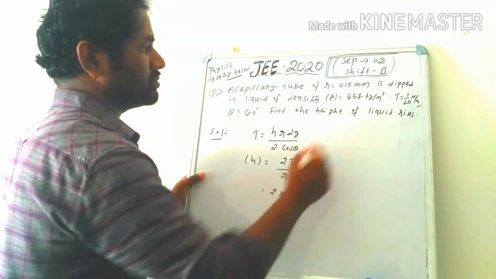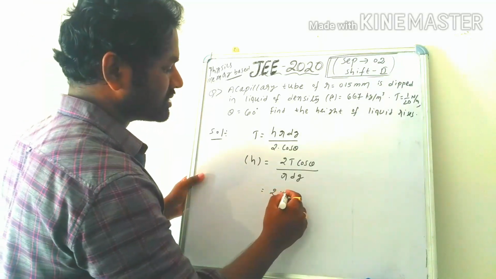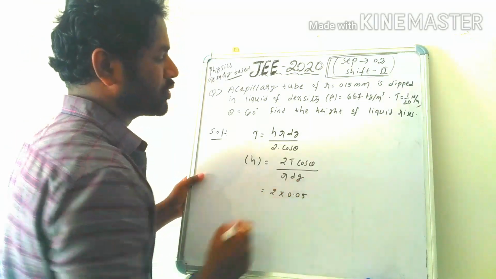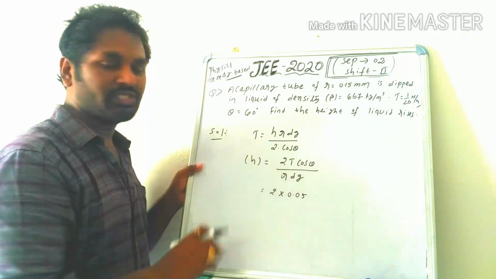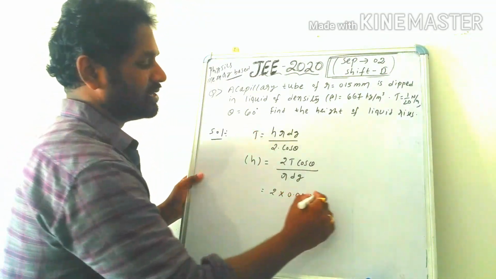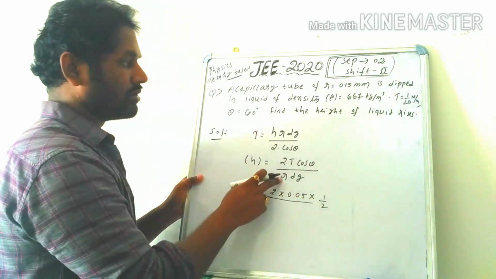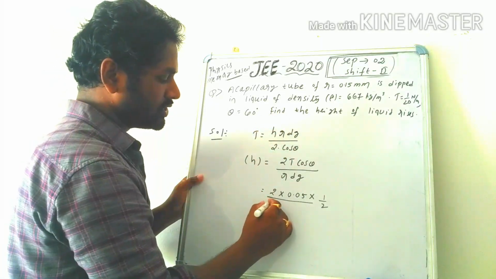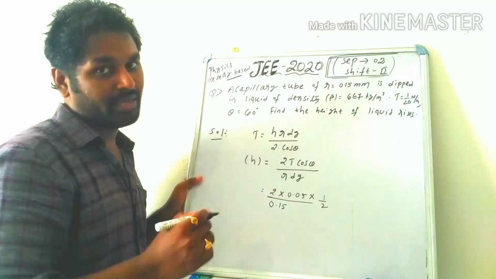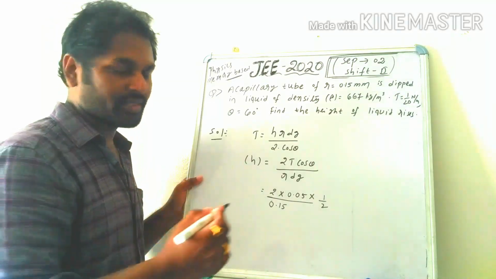So take all the values. 2 into surface tension, which is 1 by 20. You can write this as 0.05. So 1 by 20 is 0.05, into cos 60, the value is 1 by 2, divided by radius 0.15 millimeter. So how much? 1 milli is 10 power minus 3.